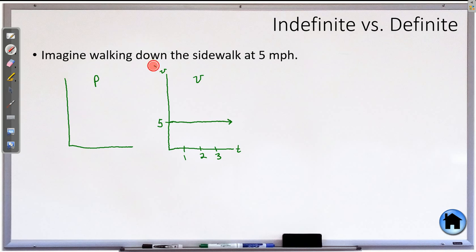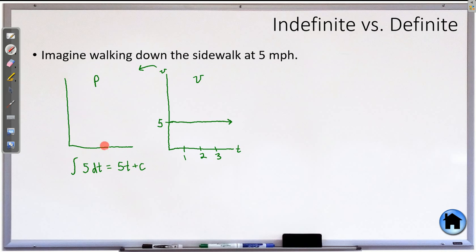And so if we want to go backwards to position, we would simply take the integral of 5 dt. And that would give us 5t plus c, because you might start somewhere besides 0.